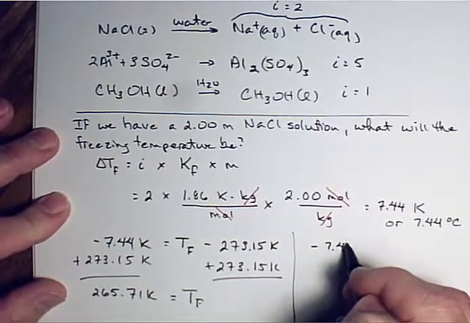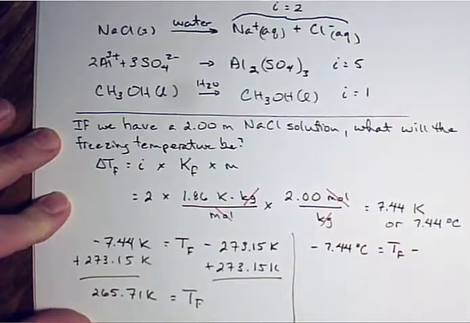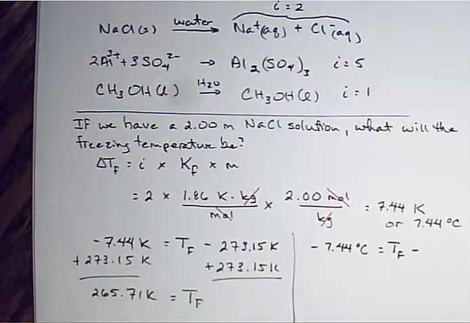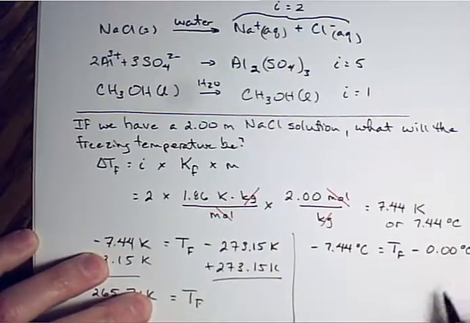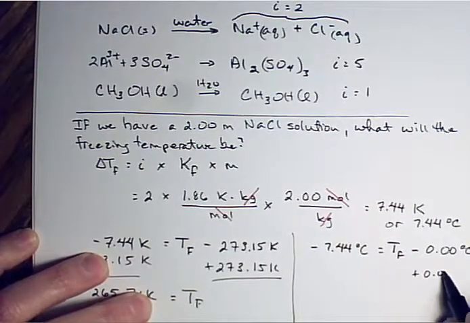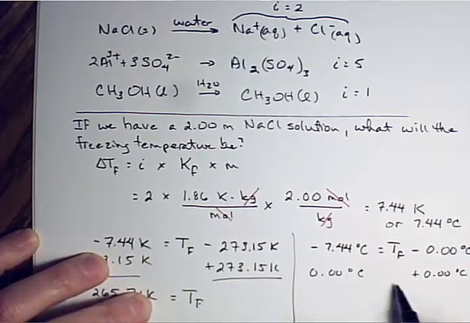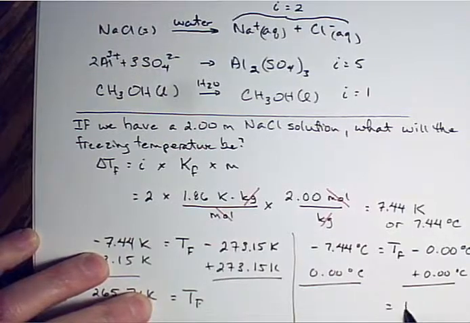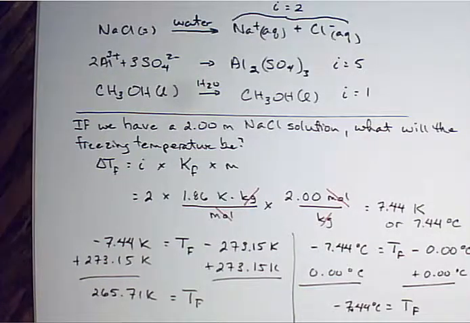We could say negative 7.44 degrees C equals temperature final minus what's temperature initial on the Celsius scale? 0. Okay? And so now we're going to add 0.00 degrees C over here and add 0.00 degrees C over here. And our temperature final is negative 7.44 degrees C. That makes sense?